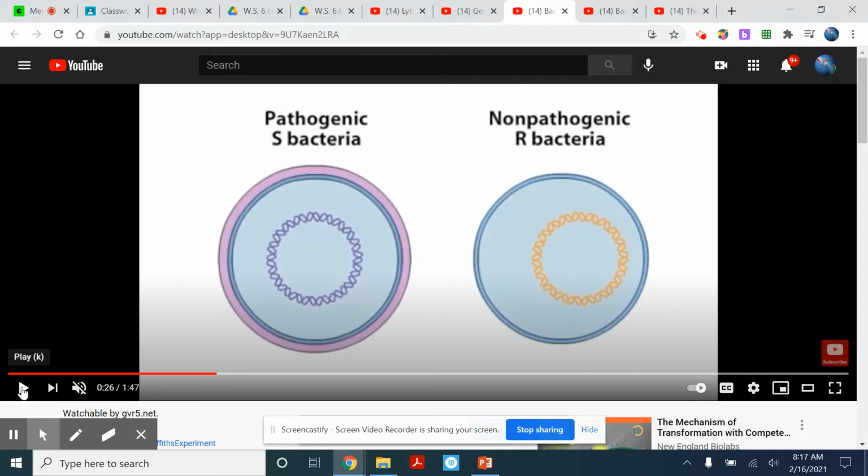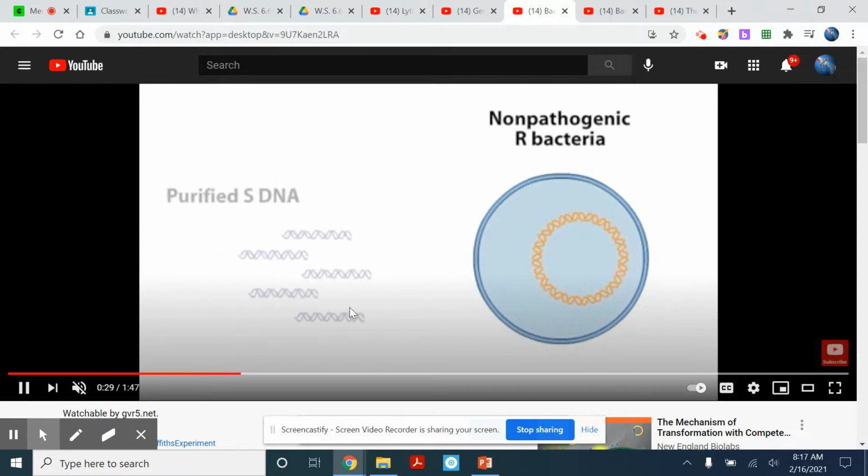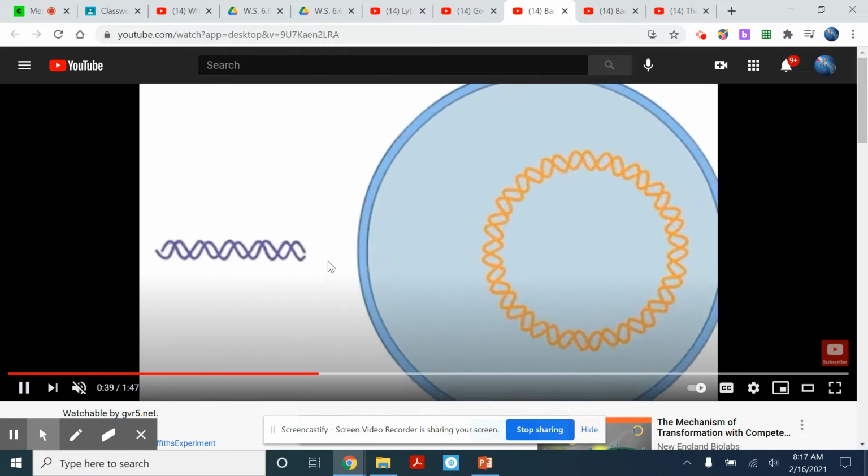So this is basically what happened, is he had those two types of bacteria. And remember, in one part, he killed the deadly bacteria. And whenever you kill a cell, it breaks down into parts. And so here we now have pieces of the DNA that's now just floating in the environment. And if you mix that in with our harmless bacteria, then we knew something went into those harmless bacteria, and it was DNA.